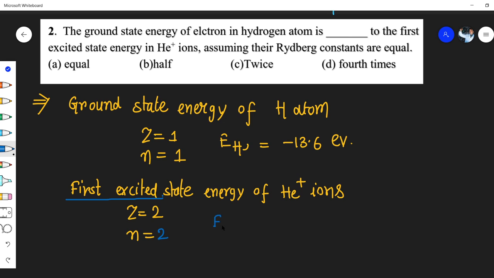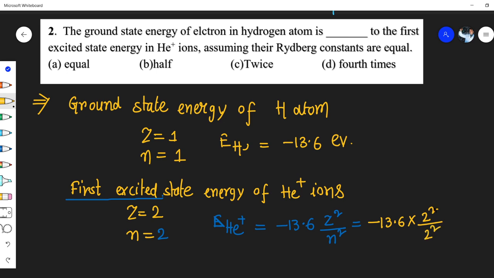For this scenario, whenever you put down the values for the energy of He+, you apply the formula minus 13.6 Z square by n square. Now put down the values of Z and n. What will you get finally? Minus 13.6 into Z square, that is 2 square, divided by 2 square.